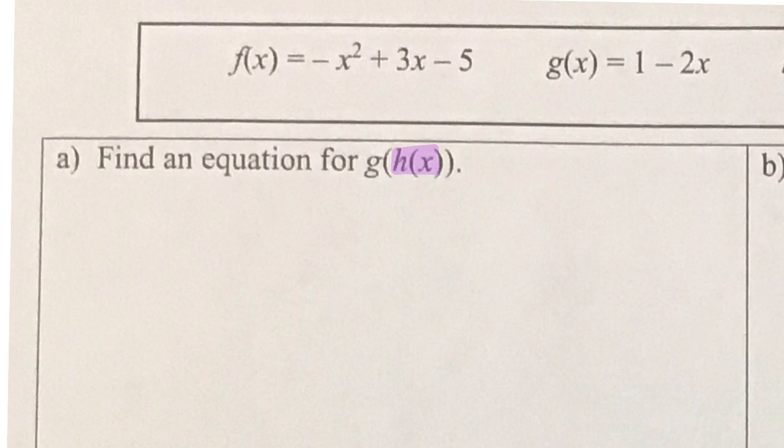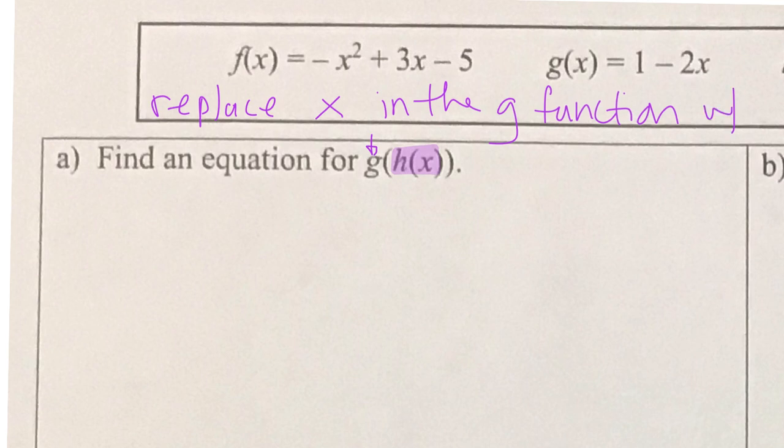This means replace x in the g function, because g is on the outside. So that's going to be your function that's getting replaced. So replace x in the g function with the h equation. We'll write h equation.